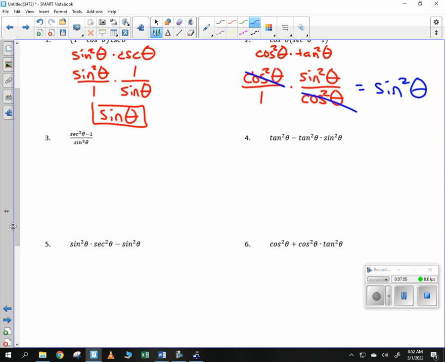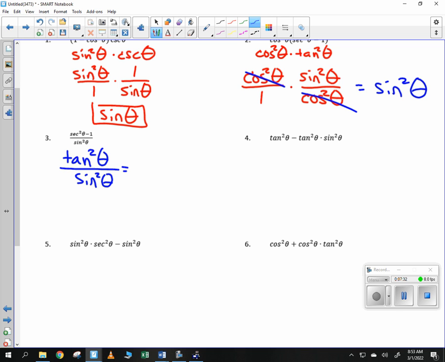Let's look at number 3. I've got secant squared minus 1. What did we just say secant squared minus 1 was? So I have tangent squared over sine squared. Very good. If I want to simplify this, I'm going to write it as a fraction.